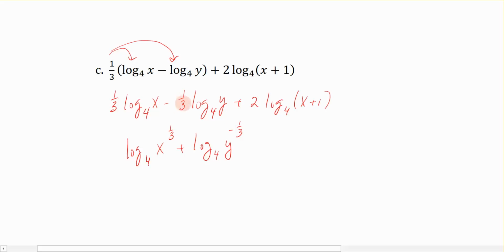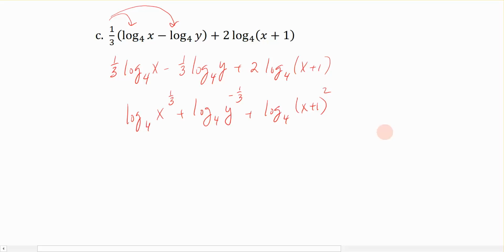Notice that negative 1/3 is going to pull up here, plus log base 4 of x plus 1 raised to the second power. So it's this entire argument right here that gets raised to that 2. Don't forget that part. Okay, now what can we do?